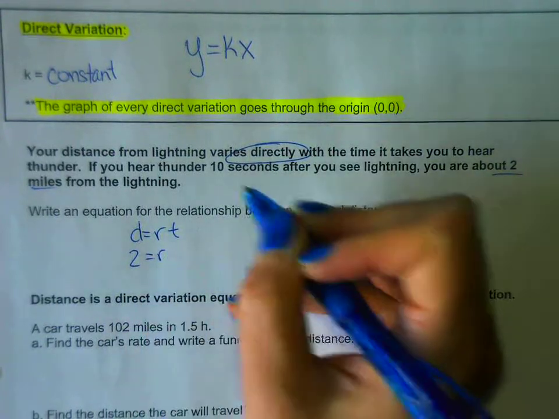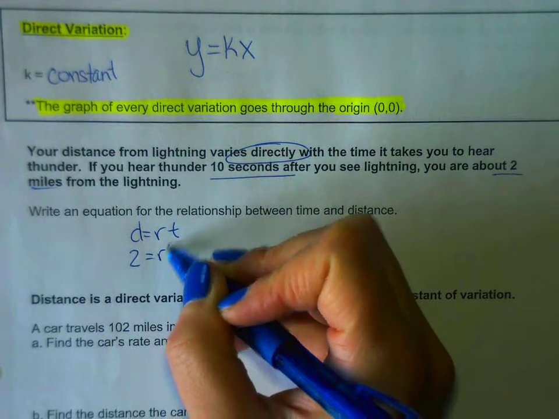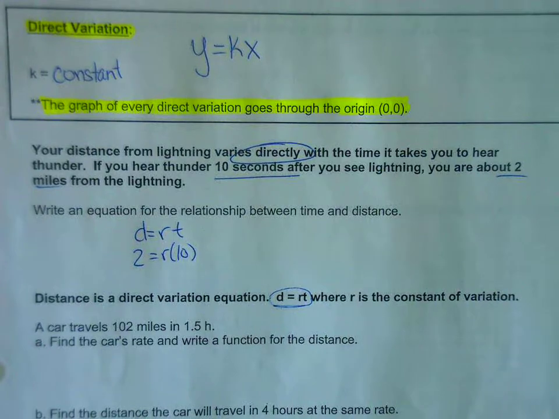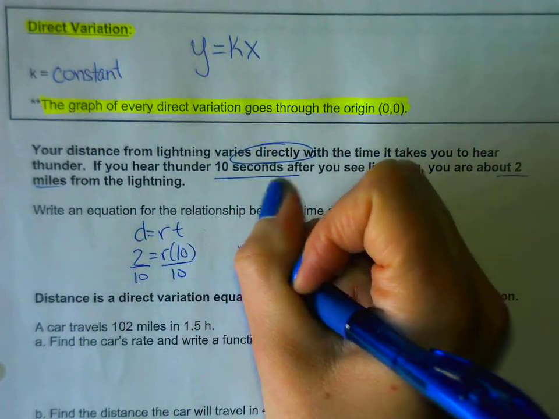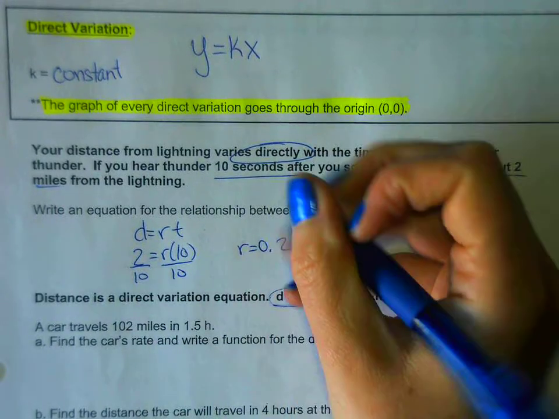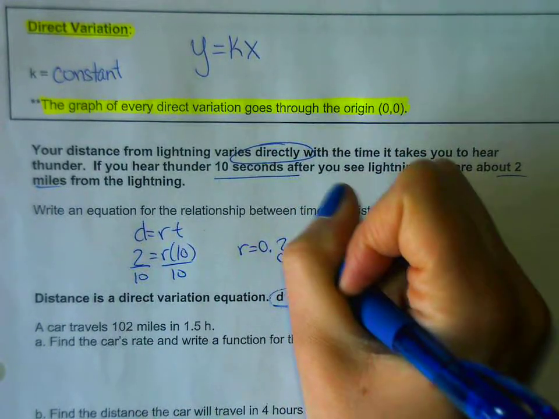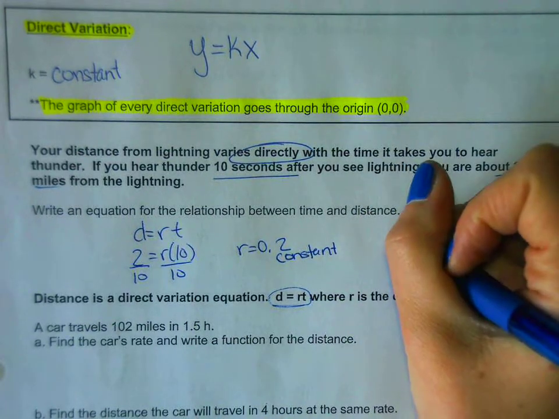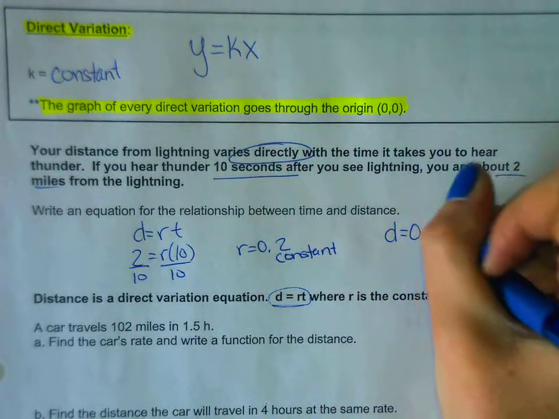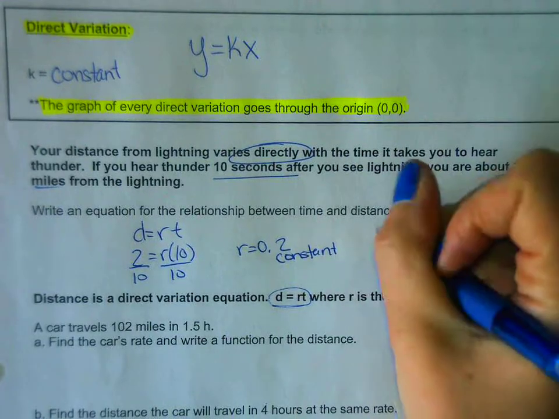I don't know my rate, but I do know the time was 10 seconds. To find my rate, if I divide both sides by 10, my rate is 0.2. So my constant is 0.2, and my direct variation equation would be d equals 0.2 times t.